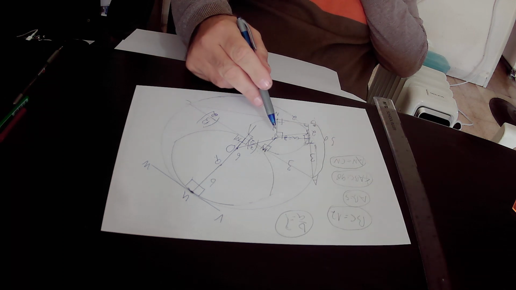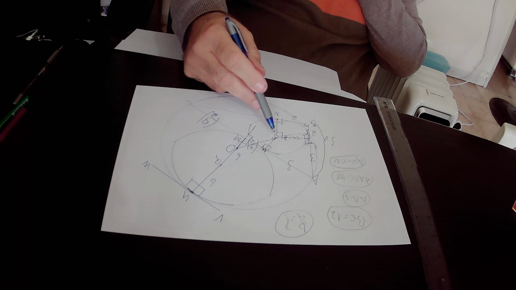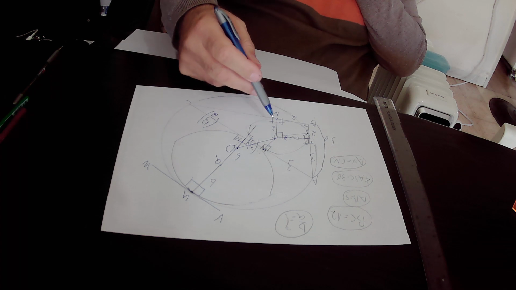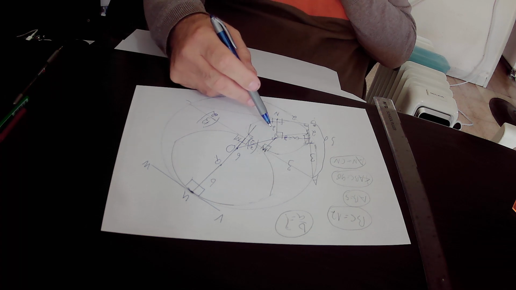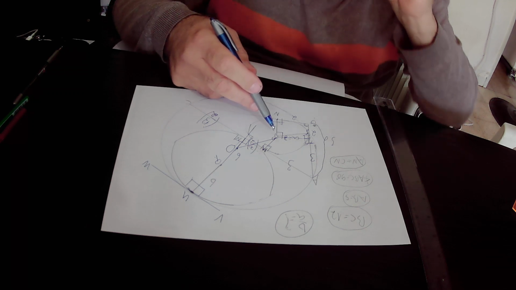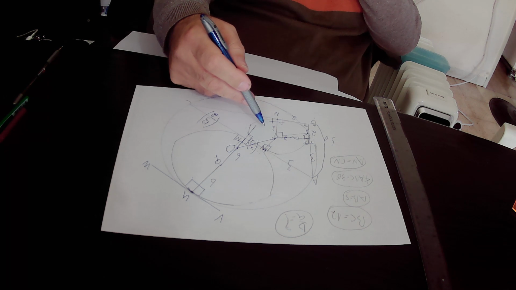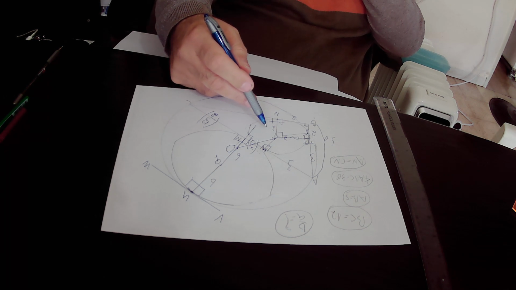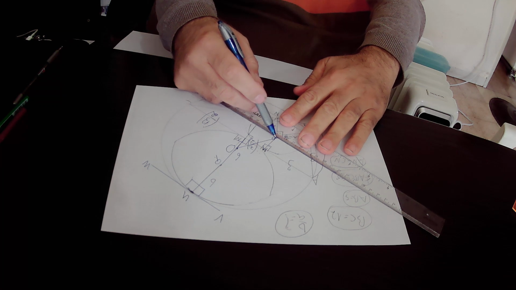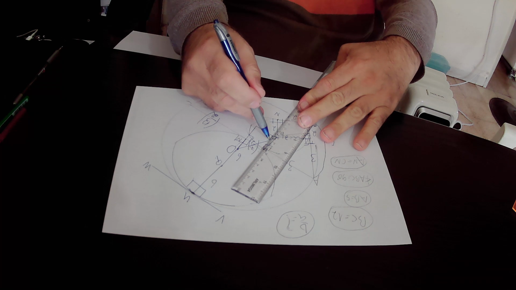In the next step, we have here the radius PM. On PM, we will draw a perpendicular at point P. So actually, this angle equals to 90 degrees according to our construction.